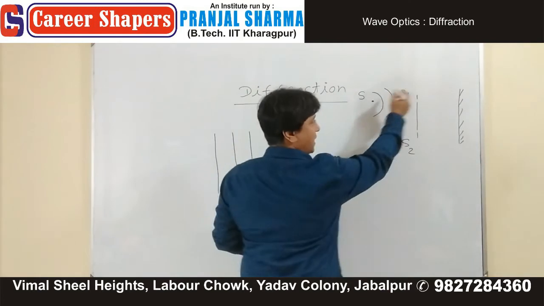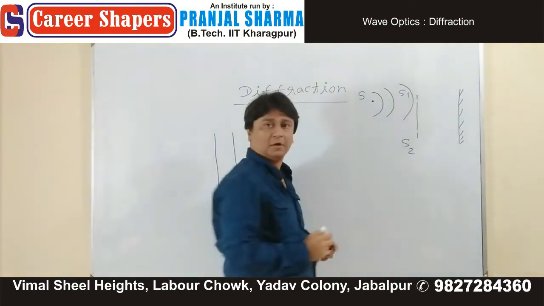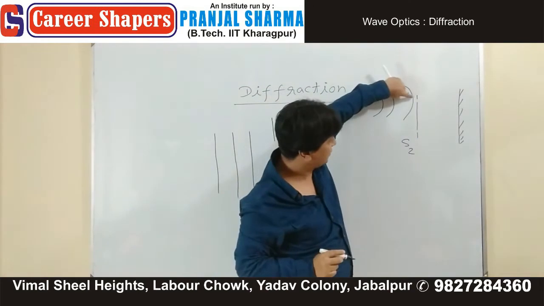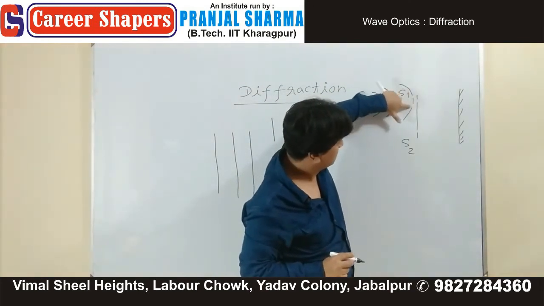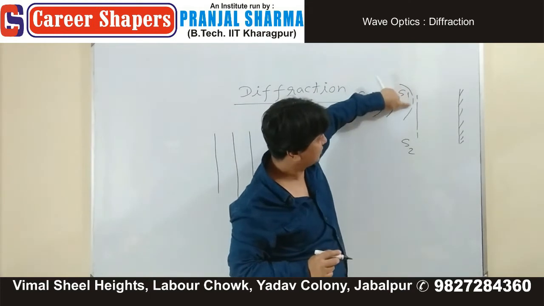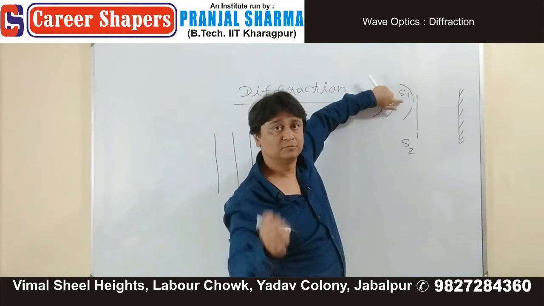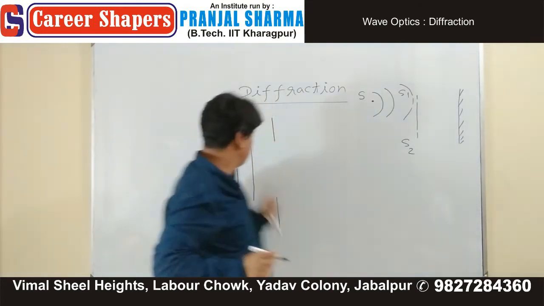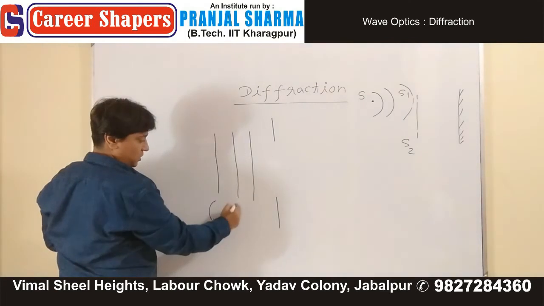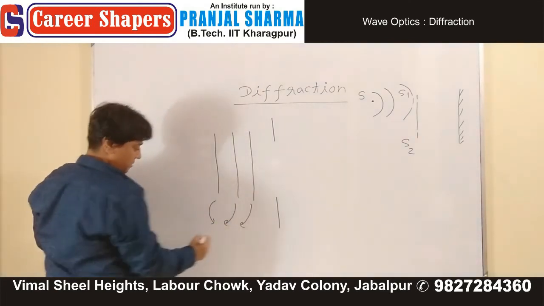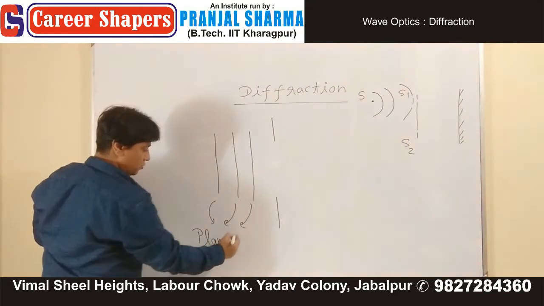This opening, a small opening, is this much. And when a particular wavefront reaches, we are interested only in this portion. Look at this line if you can see. This line is just a plane part. That's your plane wavefront. So all these are plane wavefronts.